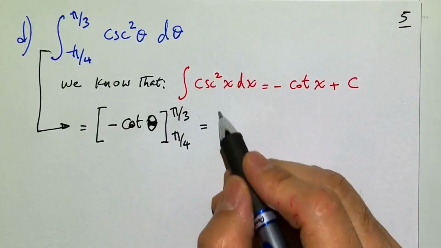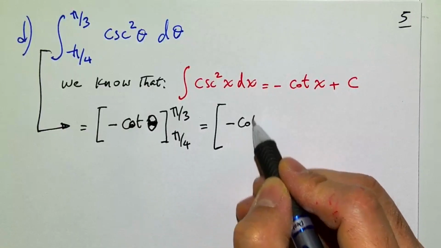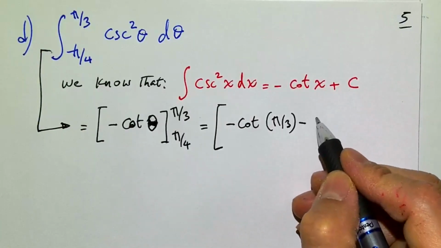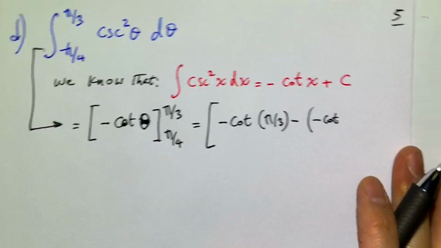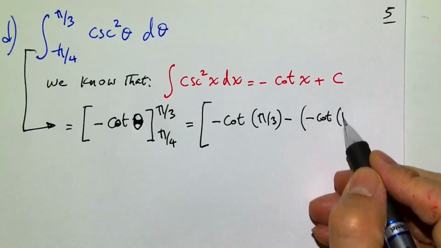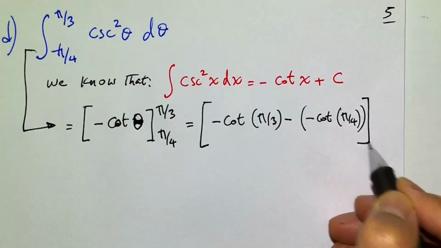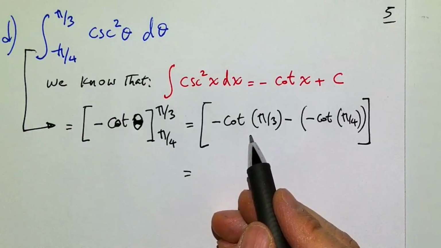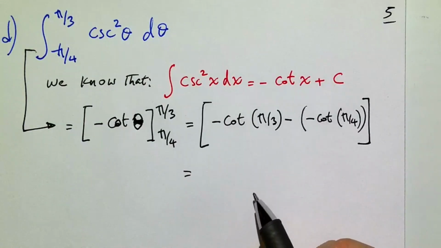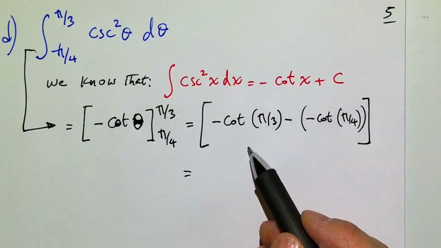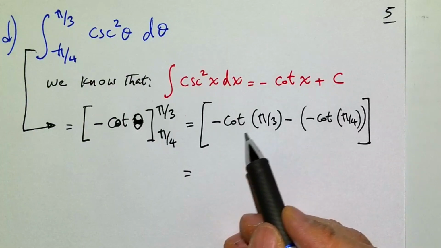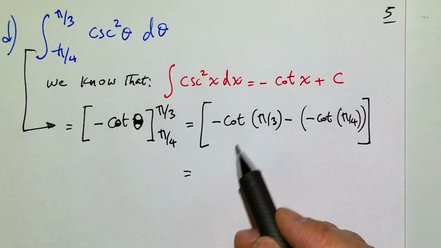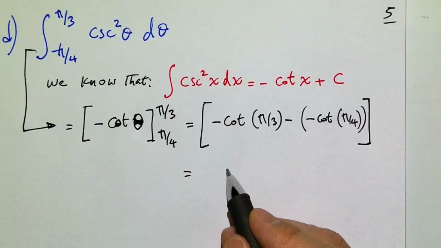Okay, so let's plug in. We have minus cotangent of pi over 3, which is the upper limit, minus cotangent of pi over 4. So what do we have here from the table of what we learned in Math 127? We learned about the table of common trigonometric function values. For pi over 3, the cotangent is square root of 3 over 3 or 1 over square root of 3, either one.